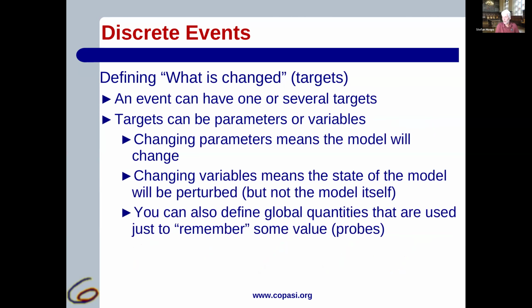The next thing is we need to define what changes we can have, and these things are called targets of an event. And an event can have more than one. Targets, as I mentioned earlier already, can be parameters or variables. If you change parameters like rate constants, you actually change the model itself. If you change a variable like species concentration, then you actually perturb the state of the model.